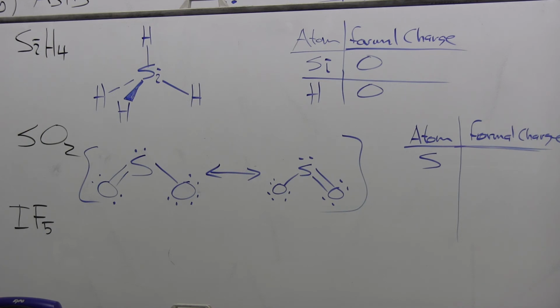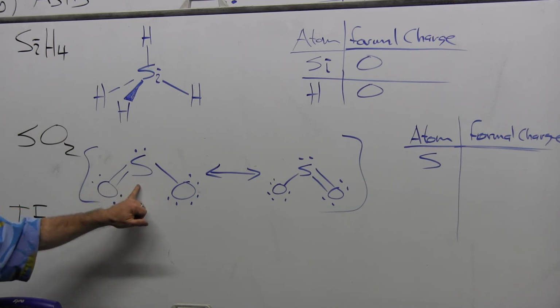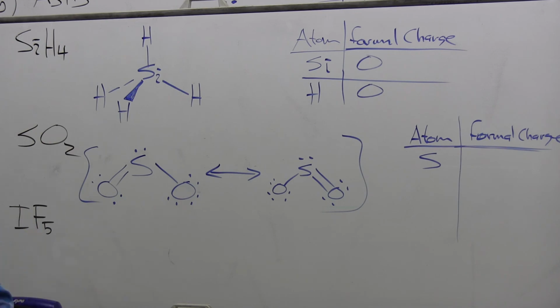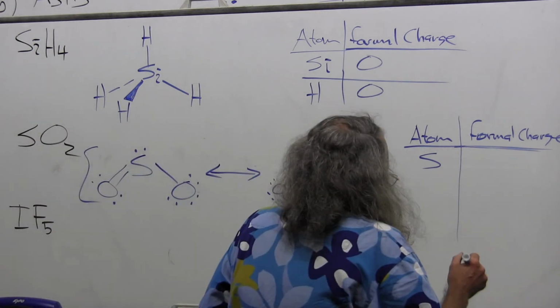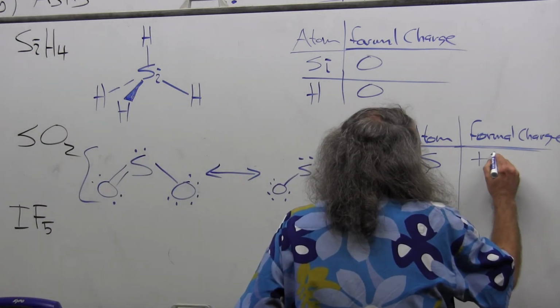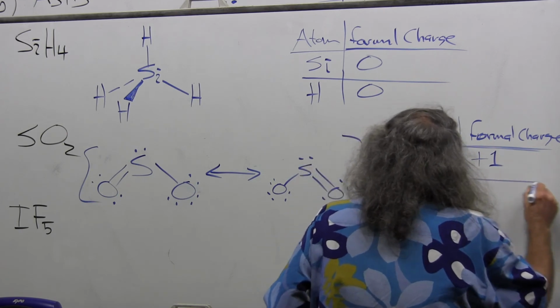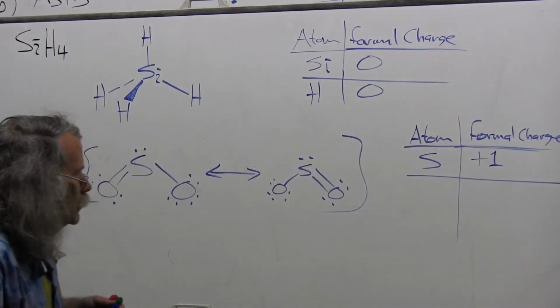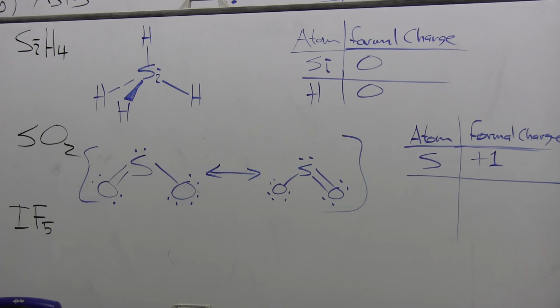So I have to take the group number minus the number of electrons. Sulfur is group number 6. 6 minus 5 is plus 1. I have a plus 1 formal charge associated with the central sulfur atom.